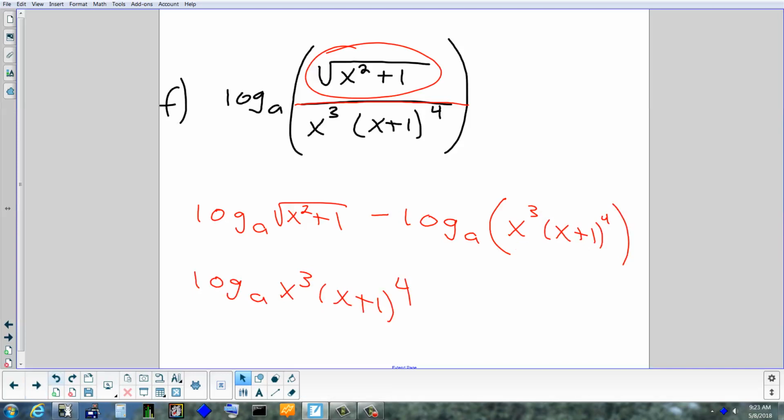It's not like a square root symbol where you can tell. Like if I do this, that's super clear that the x cubed and the x plus 1 are all part of the square root because they're under the symbol. With a log, you don't have a line like that to tell you. So you put a set of parentheses to say, hey, everything that's in these parentheses, that's all part of the log.